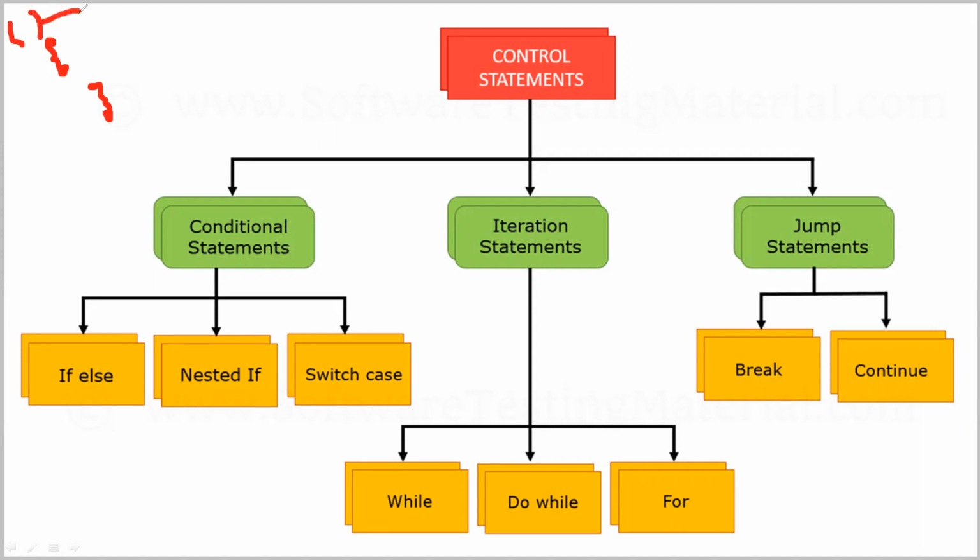If this condition is true, then it will execute this particular block of code. If the condition is false, it will execute from the next lines of code. So the execution of a block of code or the other things depends upon the condition here.